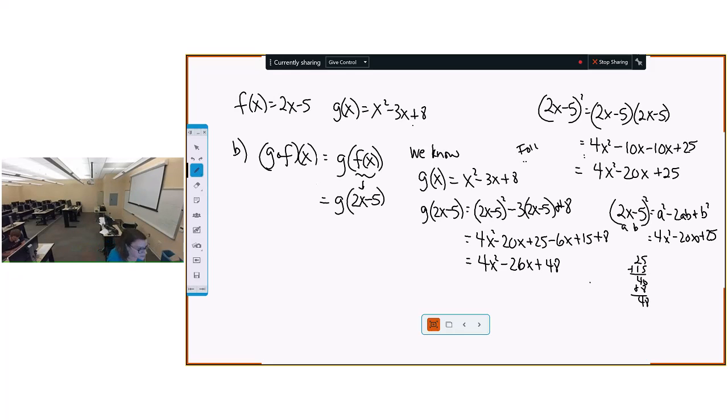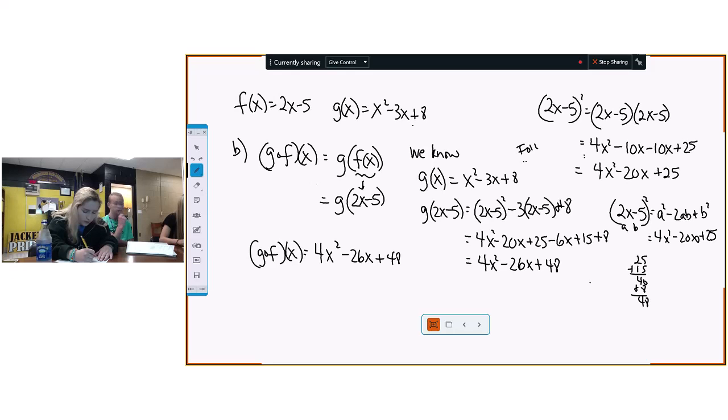Okay, so that says that g circle f of x, where the output, which is f of x, becomes the input to g of x, is 4x squared minus 26x plus 48. Any questions on that one?